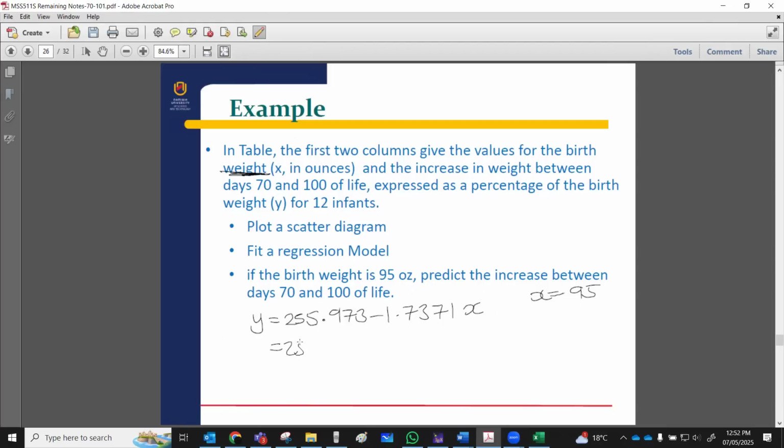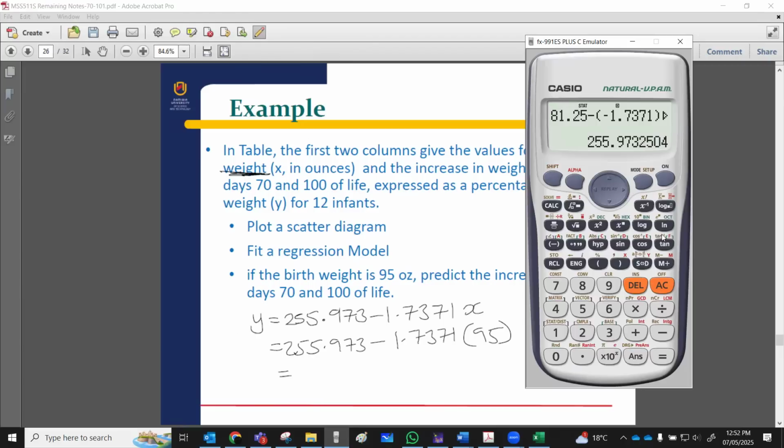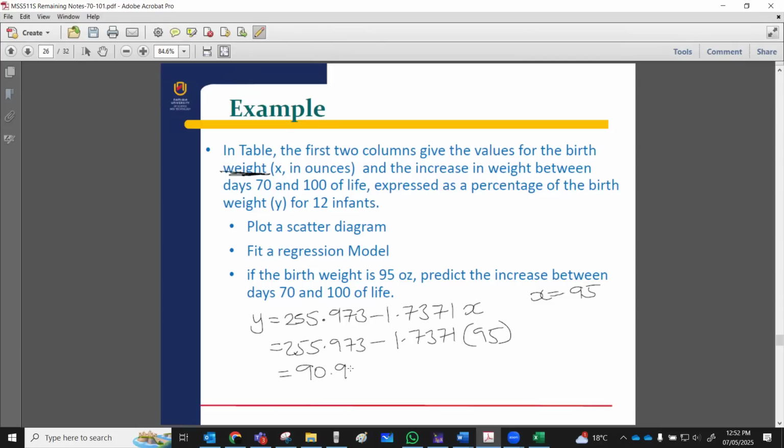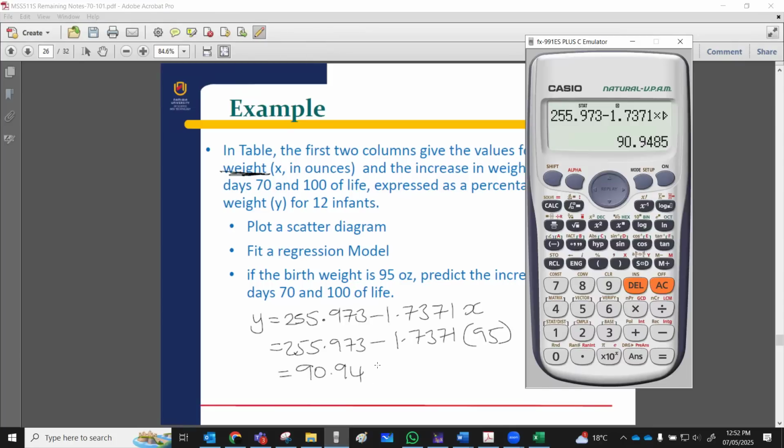So we have 255.973 minus 1.7371 times 95. We have our calculator again: 255.973 minus 1.7371 multiplied by 95, and this gives us 90.9485.